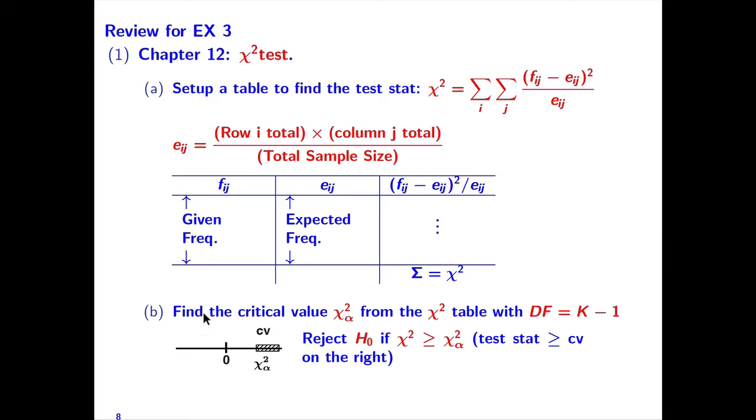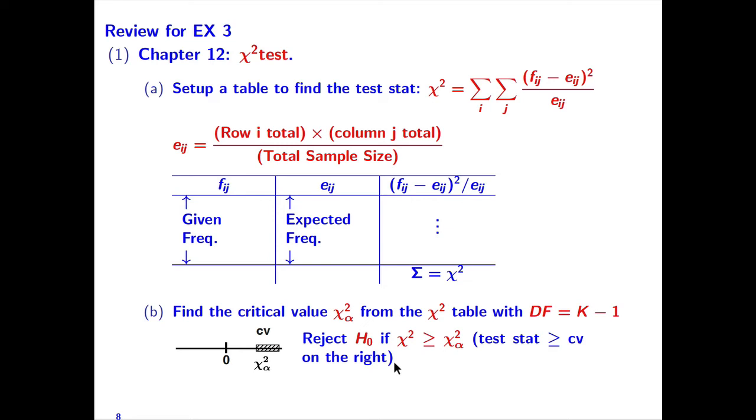And then step number 3, we need to find the critical value chi-square alpha from the chi-square table with degrees of freedom equal to k minus 1. And after we find the critical value, we reject H0 if the test statistic is greater than or equal to the critical value.